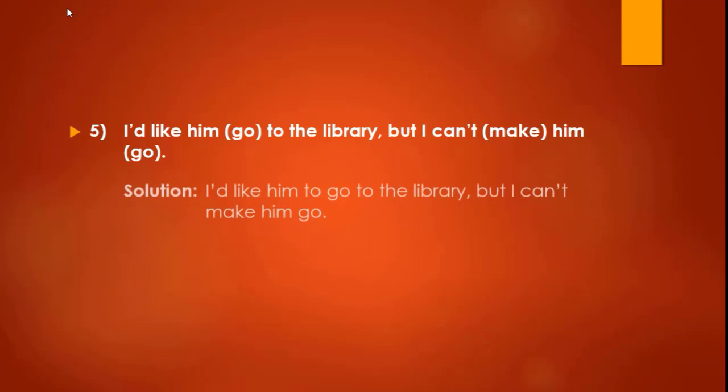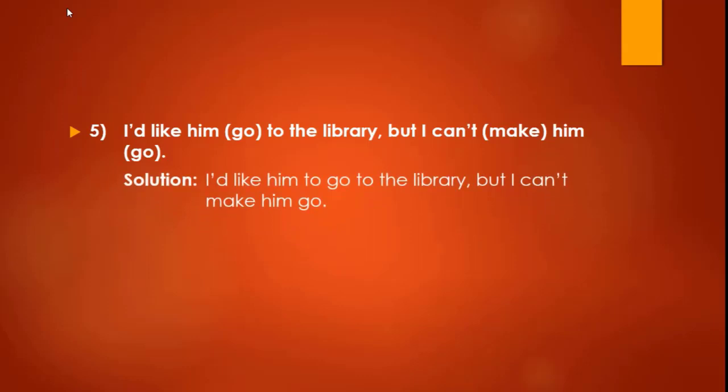So its solution is, I would like him to go to the library, but I can't make him go. In the first clause, to go is a full infinitive, while in the second clause, go is used as a bare infinitive. Dear students, you will solve sentences number 6 to 10 as homework.